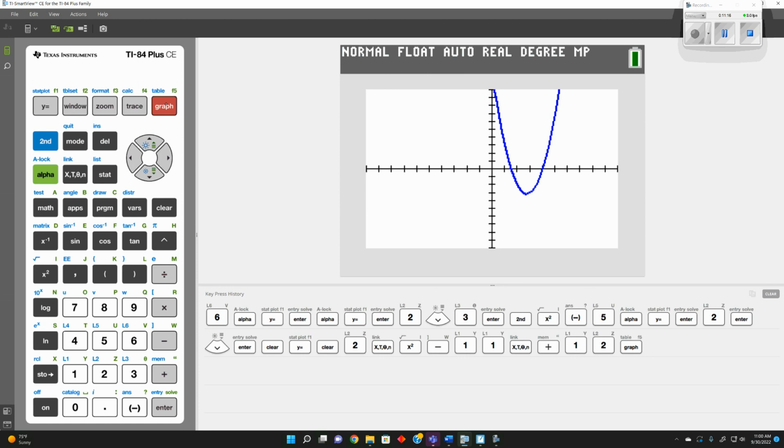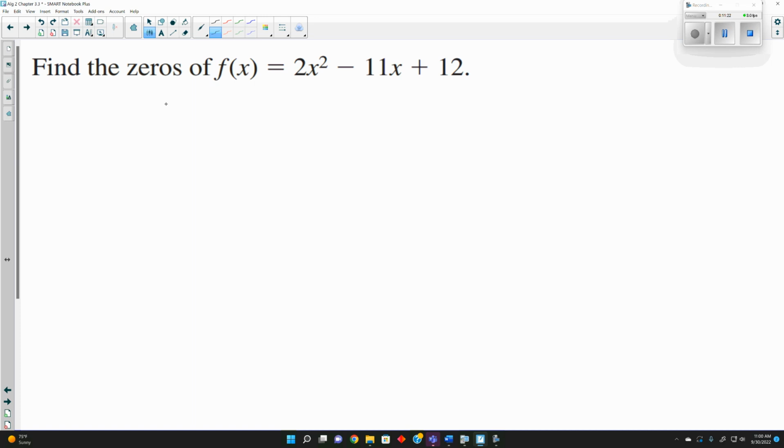We could try approximating it, plugging in values, or what we can do is come back over here and factor it. This factoring will work. So we can say 0 is equal to 2x squared minus 11x plus 12.